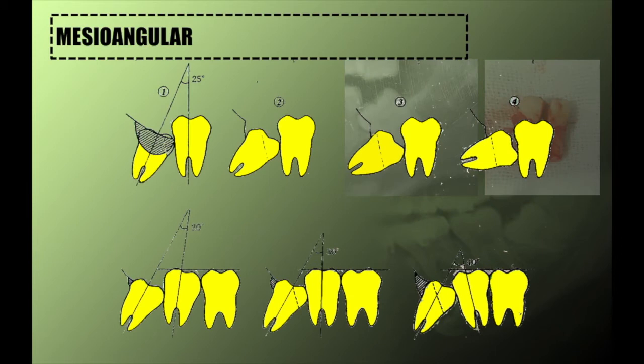Bone reduction, however, is pointed out by the shaded area, and sectioning by the dotted line. Even in mesioangular impactions, depending on the degree of impaction, may result in similar sectioning techniques as with horizontal, particularly when the mesioangular impacted tooth is almost horizontal. Take a look at the diagrams.